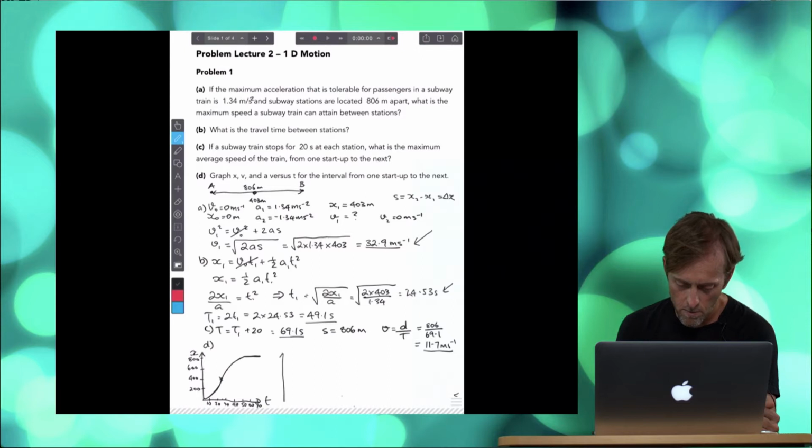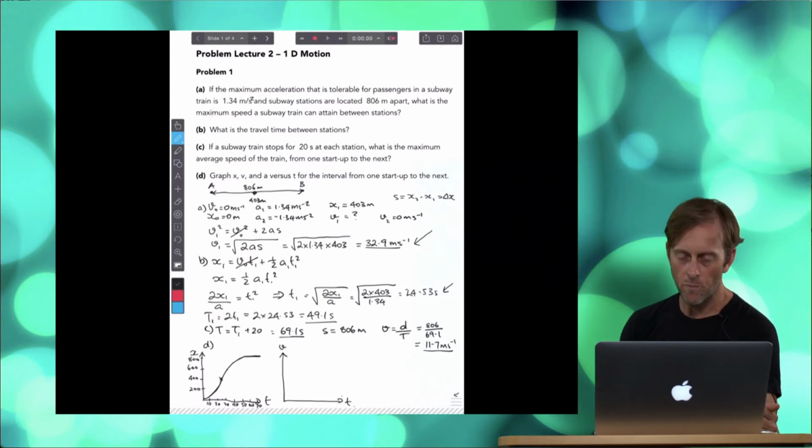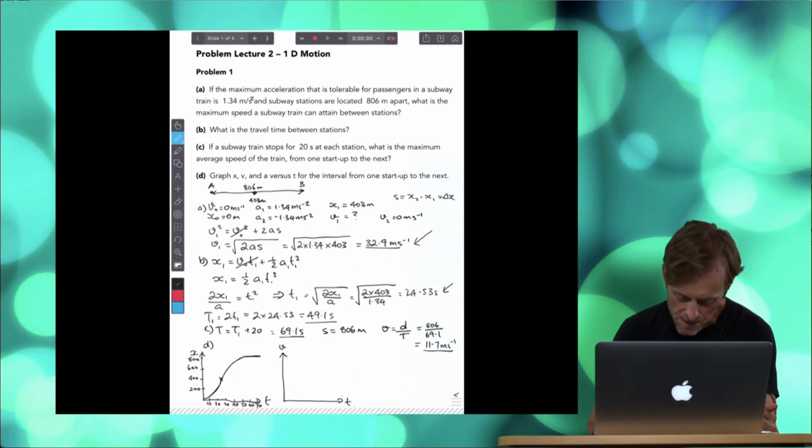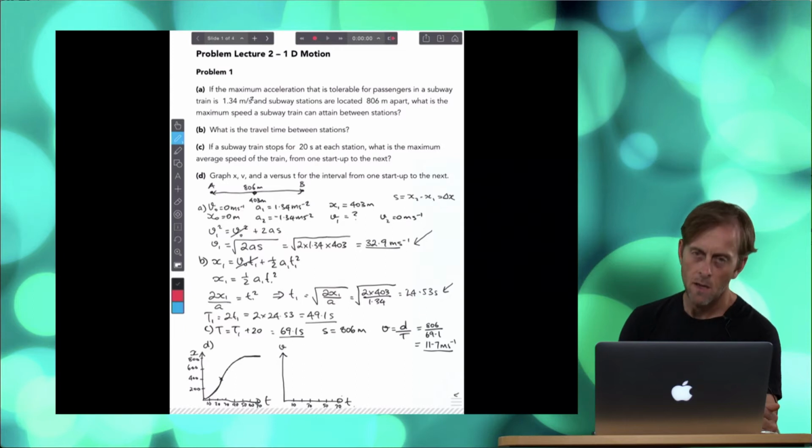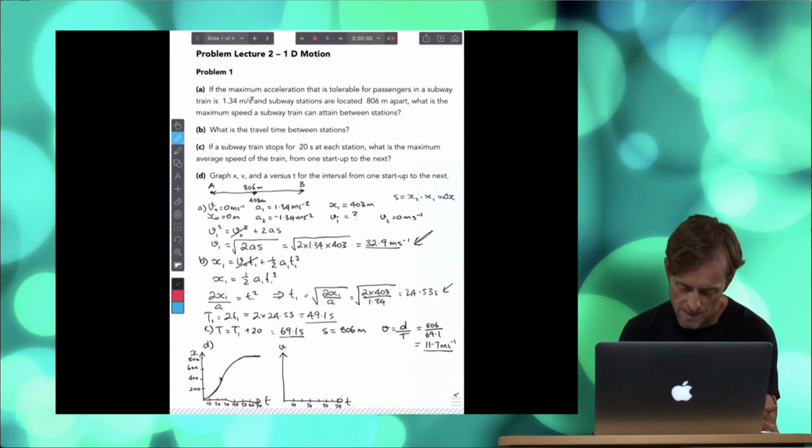Now, if we do the velocity versus time, then basically what happened was, if we use the same units on the bottom here, 10, 20, 30, 40, 50, 60, 70, just write them in every second one, 10, 30, 50, 70. We accelerated up to 32.9 meters per second in the first, say, 25 seconds, so up to here.